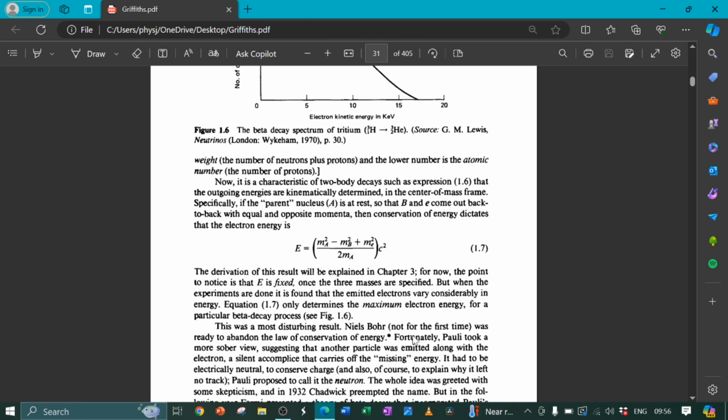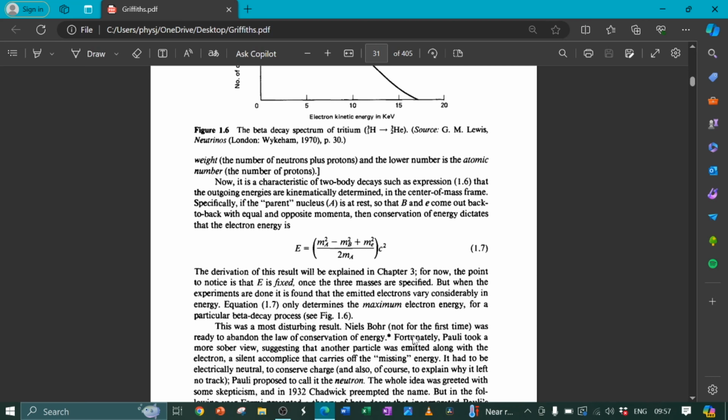Now, it is characteristic of two-body decays such as expression 1.6 that the outgoing energies are kinematically determined in the center of mass frame. Specifically, if the parent nucleus A is at rest so that B and E come out back to back with equal and opposite momenta, then conservation of energy dictates that the electron energy is E equal to (mA² − mB² + mE²) divided by 2mA, multiplied by c².